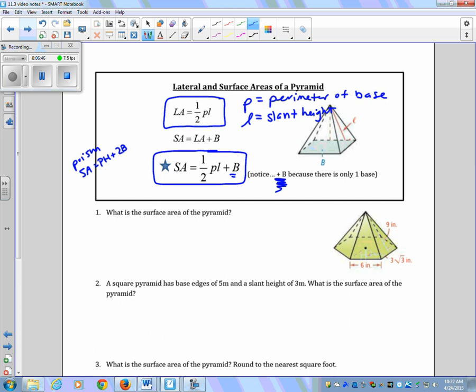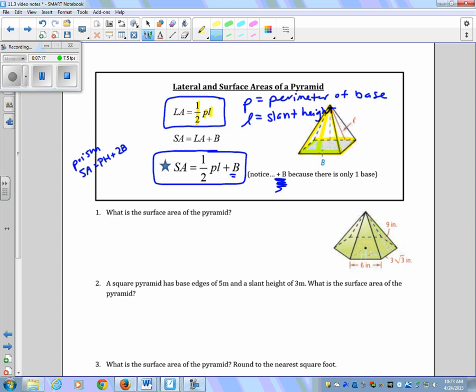lateral area. Remember, we're finding the area of all of the sides, the lateral faces. The lateral faces here are all triangles. The area of a triangle is 1/2 base times height. 1/2 base times height is equivalent to 1/2 times all the bases together, which is the perimeter, times the slant height.